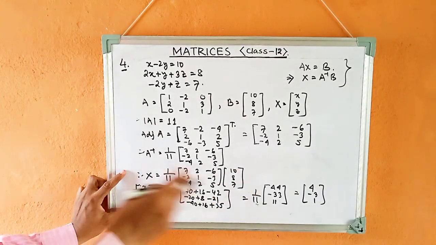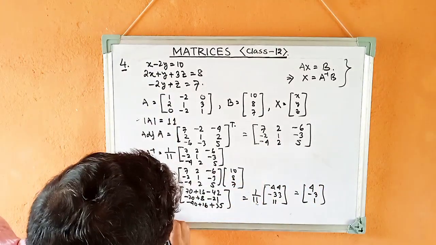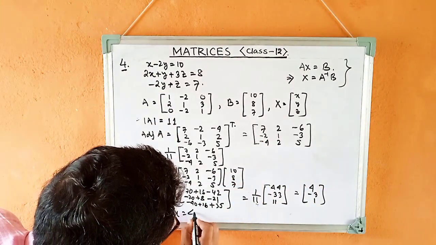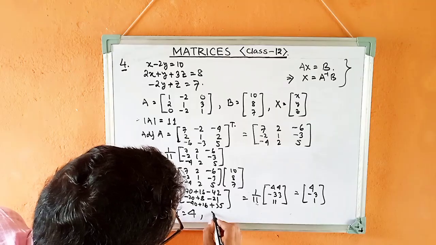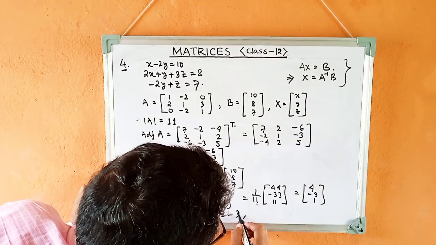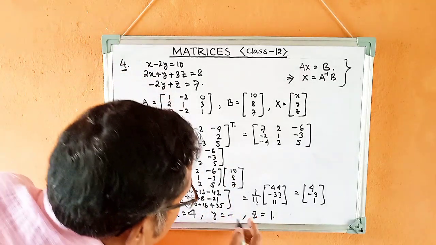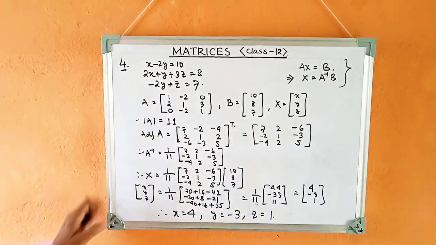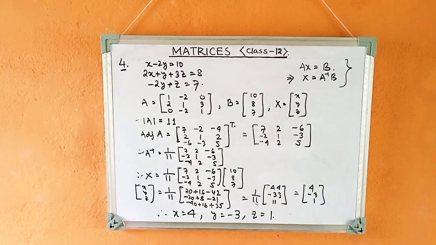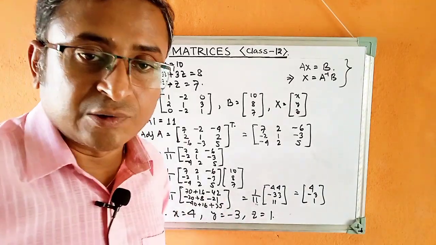Comparing both sides we get x equal to 4, y is equal to minus 3, and z is equal to 1.